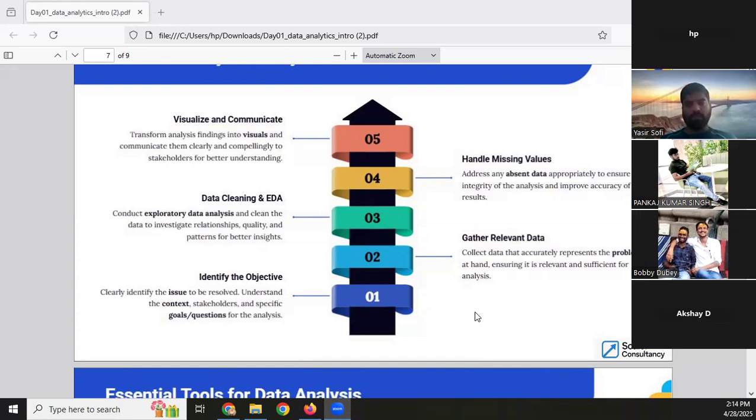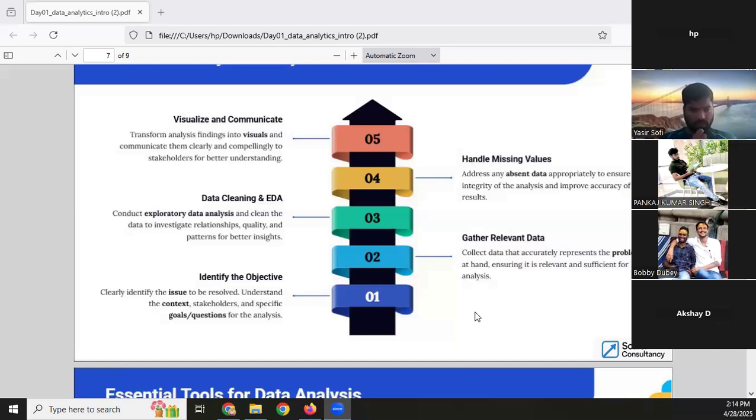The next is gathering relevant data, where the data analyst is going to collect accurate data that represents the problem at hand, ensuring that it's relevant and sufficient for the analysis. If there is a year-on-year trend analysis or a group of 10 years of data, then he is going to collect the data related to all those years, and from there he can give the insight to the stakeholder of the company.